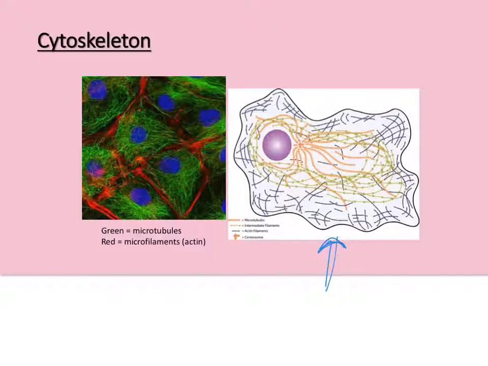But then here on the left is the cool picture, which is a fluorescently tagged picture of some cells. So what they've done is they've tagged microtubules to show up green. As you can see, they form sort of a lattice work within the entire cell. They've tagged microfilaments, like actin, red.